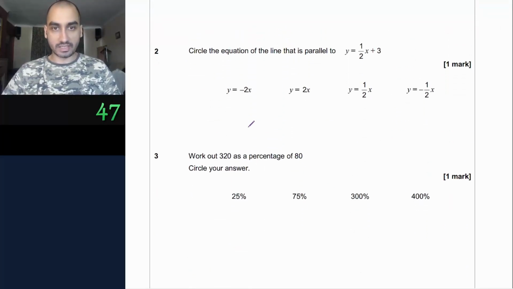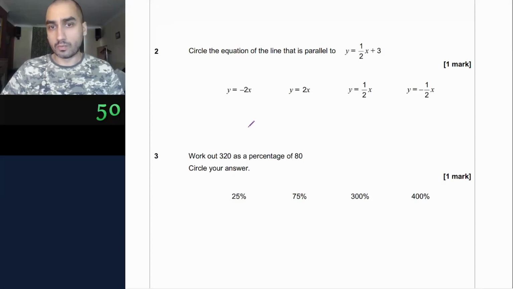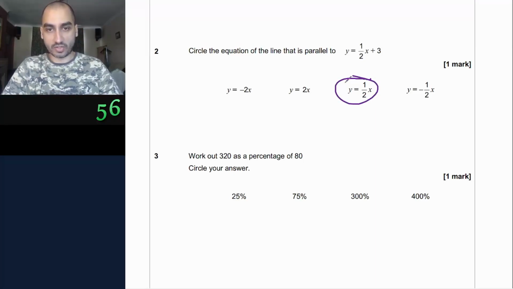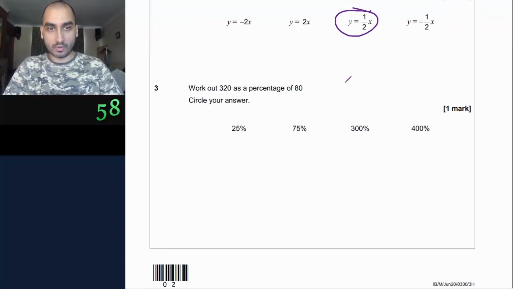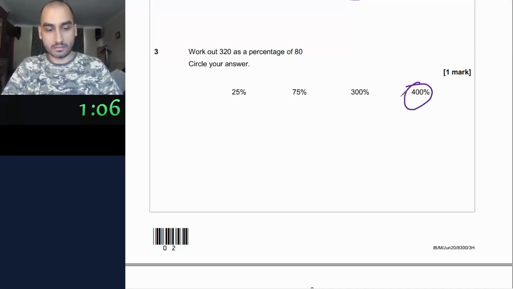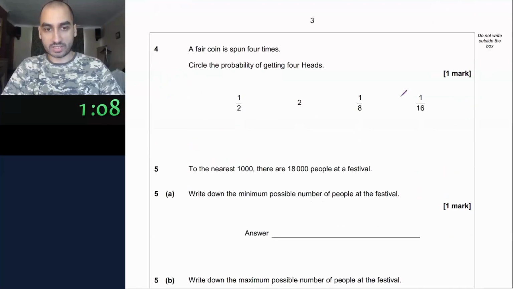Circle the equation of the line that is parallel to y equals half x plus 3, so it's just the gradient that matters. It's just translated by some amount. Work out 320 as a percentage of 80, 400%. So some warm-up questions there.